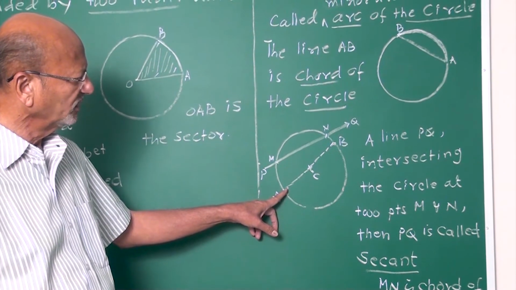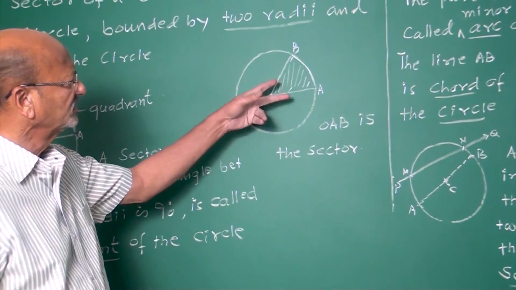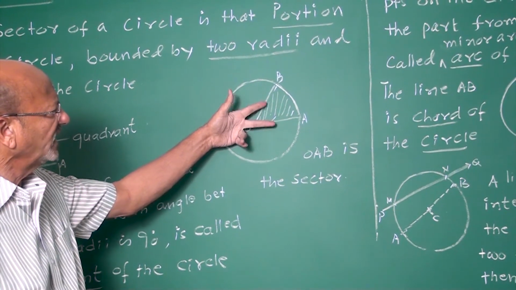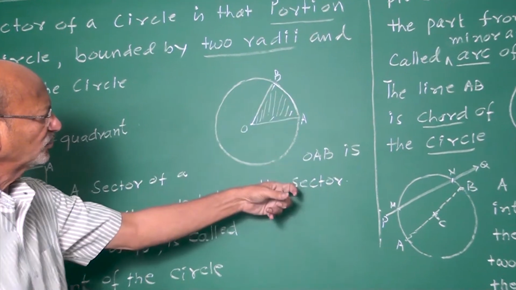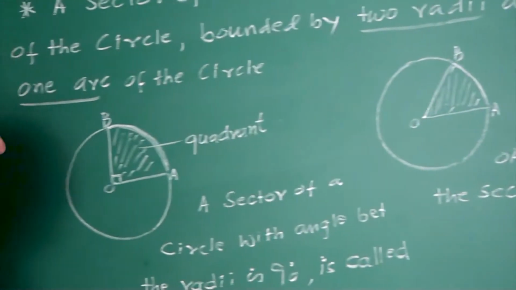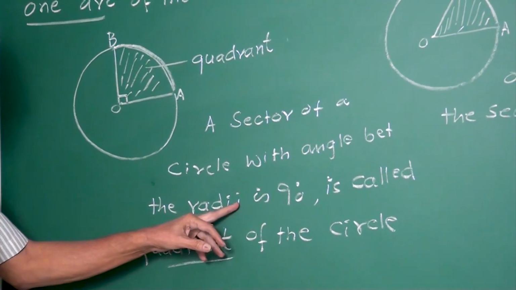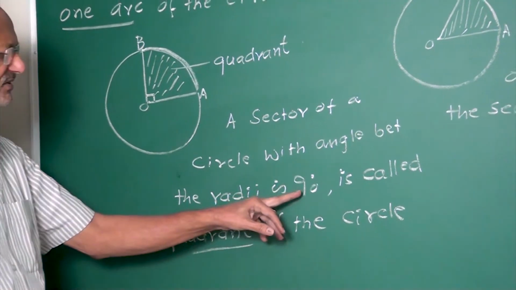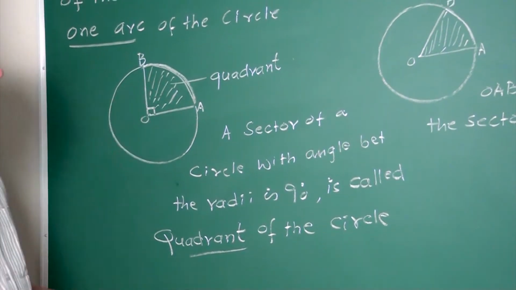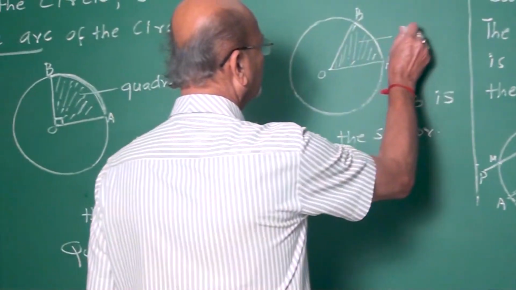This is a sector, the portion of the circle bounded by two radii and one arc. The sector is called a quadrant if the angle between the radii is 90 degrees. This is the quadrant. AOB is the sector, this portion.